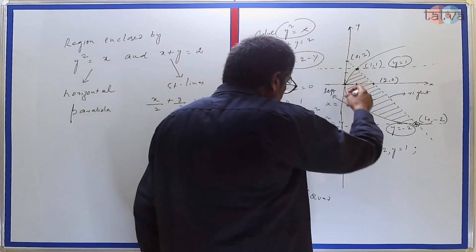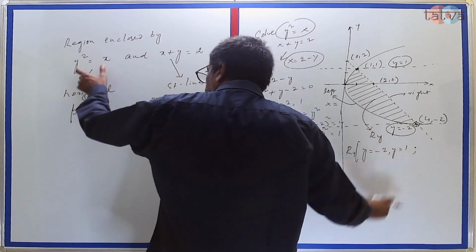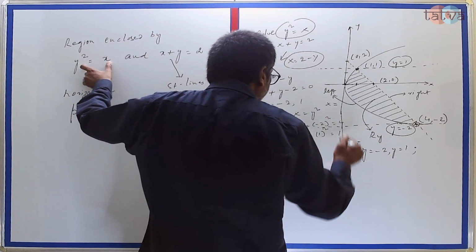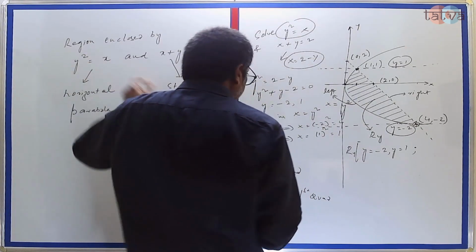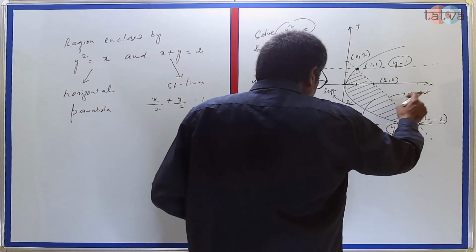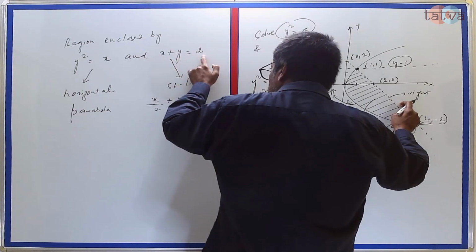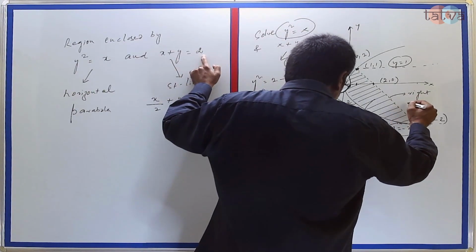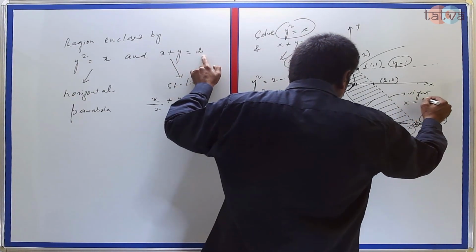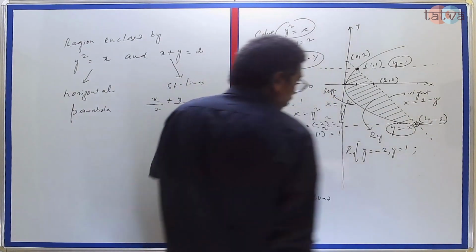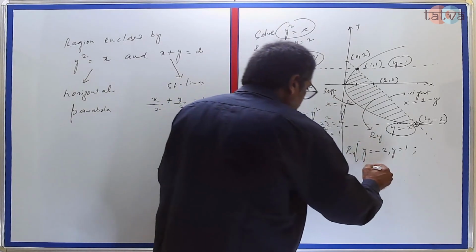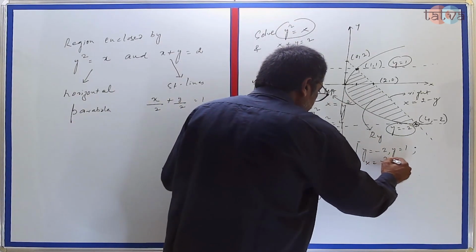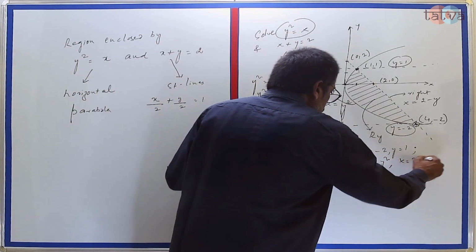Don't forget this is the parabola, and the parabola equation is x is equal to y squared. Then the right curve is a straight line whose equation is x plus y is equal to 2, but you must write that as x as a function of y. So the x limits will be left curve first, x is equal to y squared, and x is equal to 2 minus y.